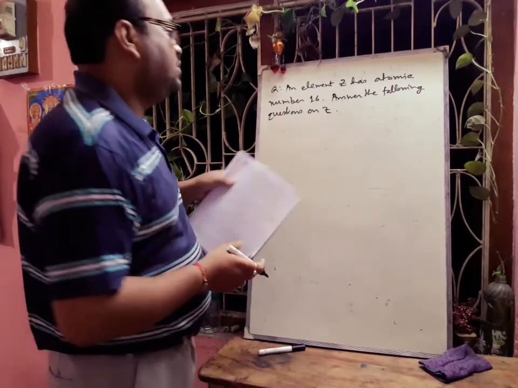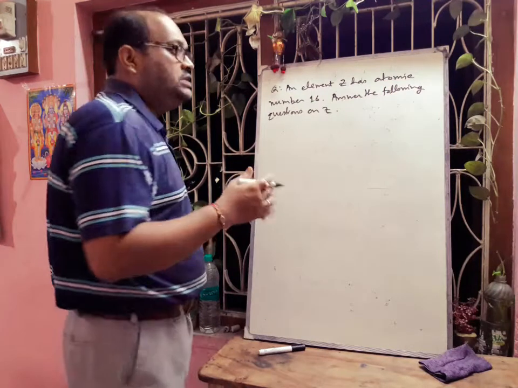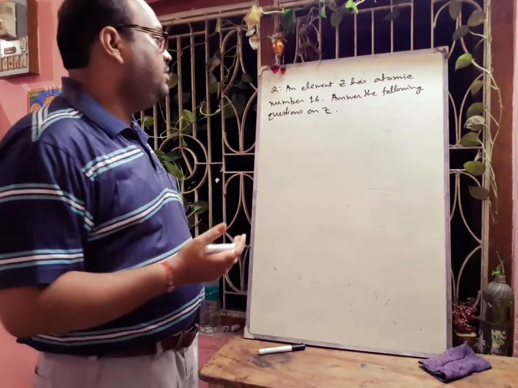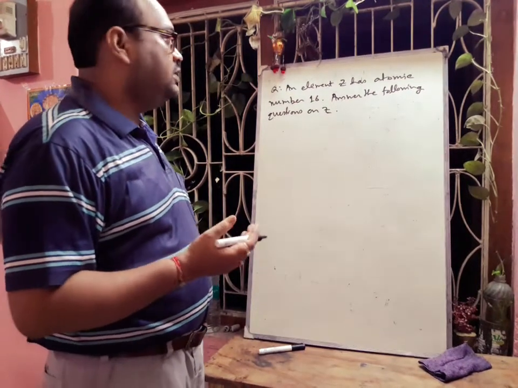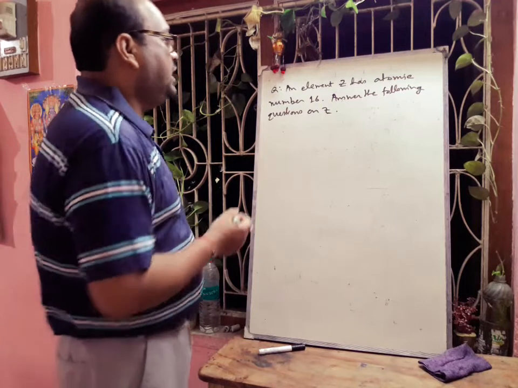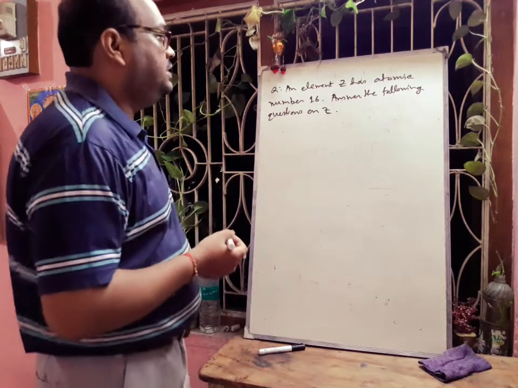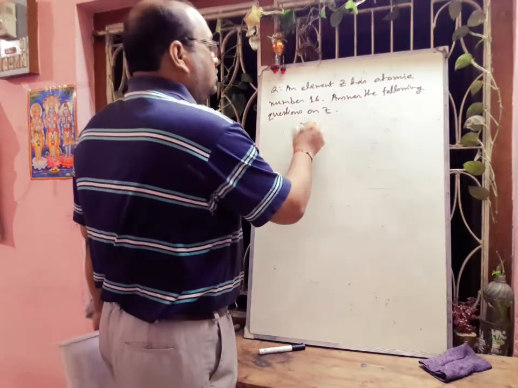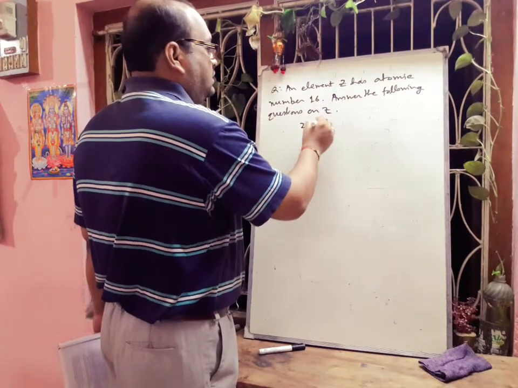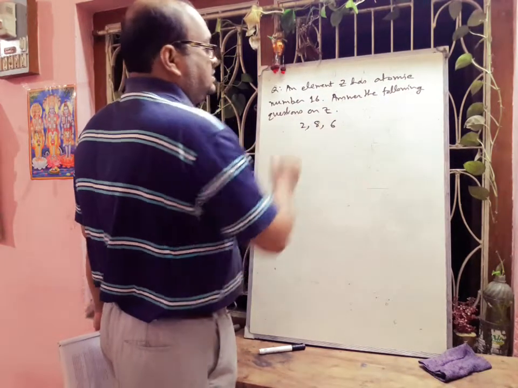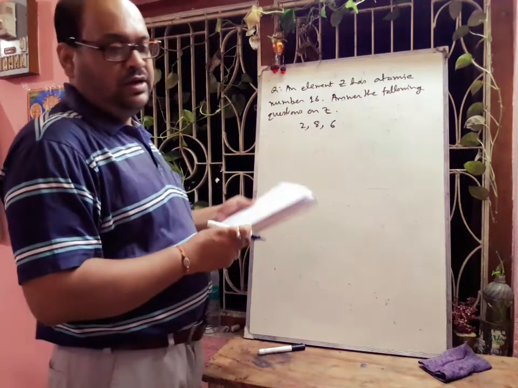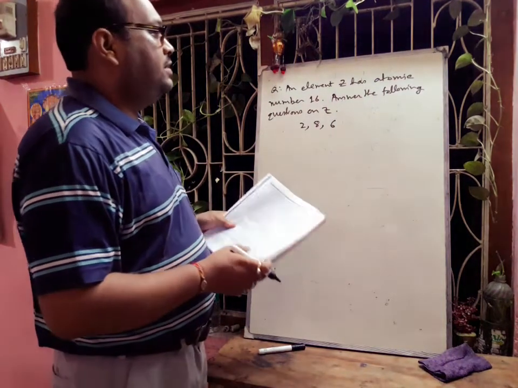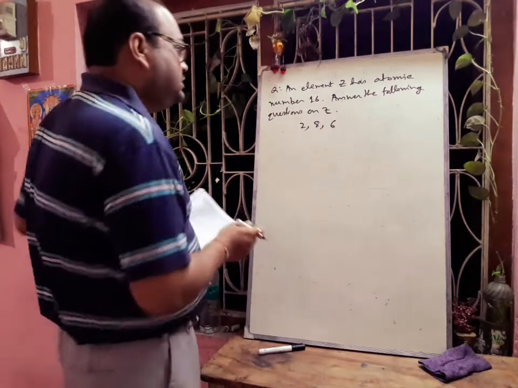If you want to find out in which period and which group, you know the electronic configuration of this element is 2, 8 and 6. So here the period number will be 3.